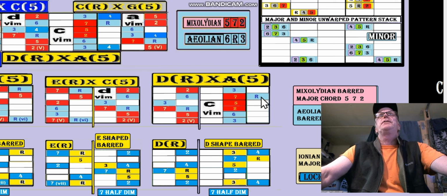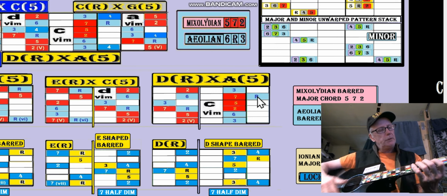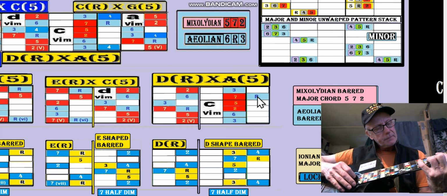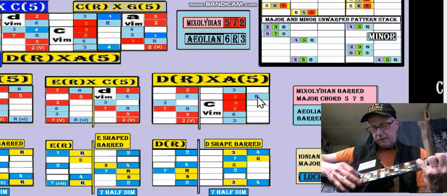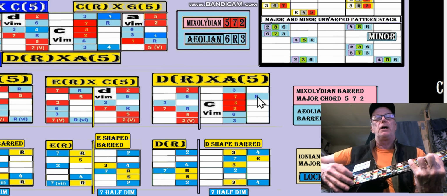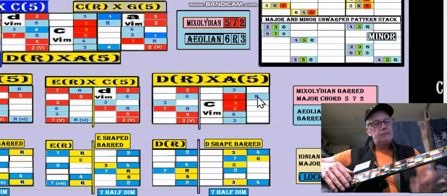This would be the C note that your finger hits when you're playing that C with the open fret nut. The open C. I'm doing it with my finger, but with your guitar, it'd be the hard fret nut.